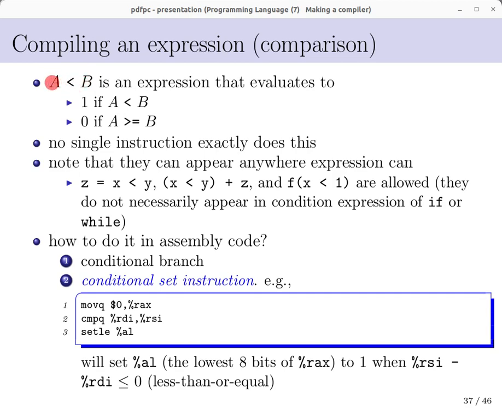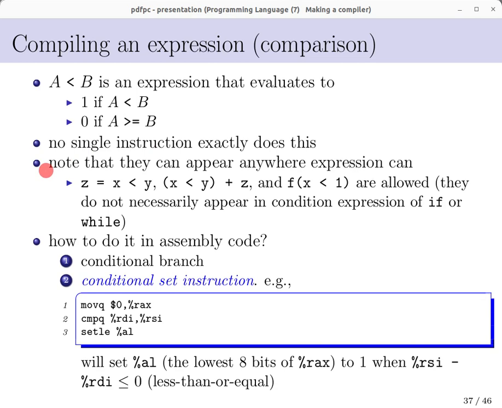So recall what A smaller than B should be evaluated to in the C language. So A smaller than B is a C expression that evaluates to 1 if this condition holds, 0 if this condition does not hold. So like I said, there's no single instruction that exactly does this.